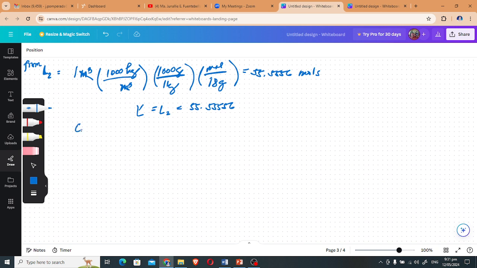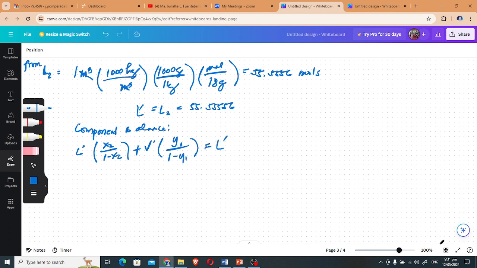If we do component balance using inert streams, you'll have L prime times x2 over 1 minus x2 plus V prime times y1 over 1 minus y1, equals L prime, this time x1 over 1 minus x1, plus V prime, this time y2 over 1 minus y2.